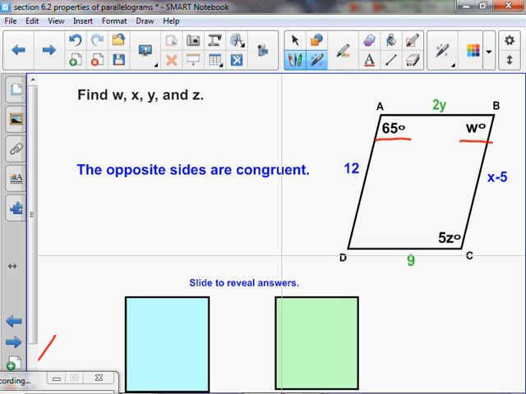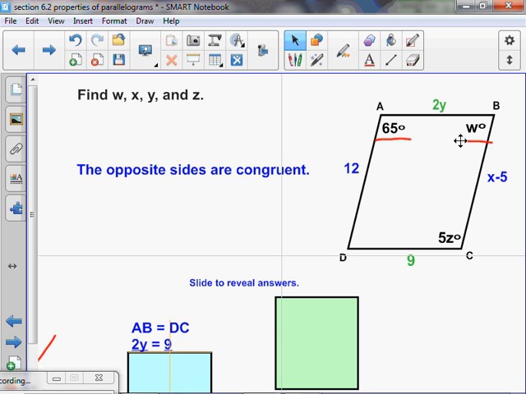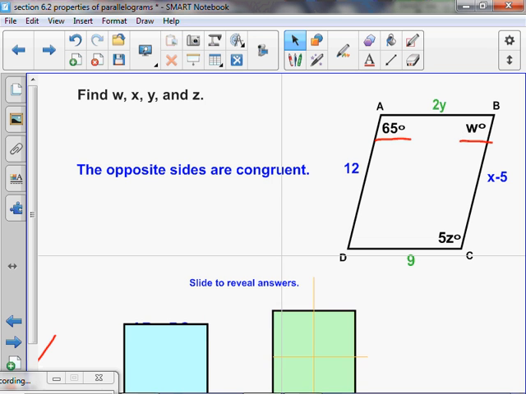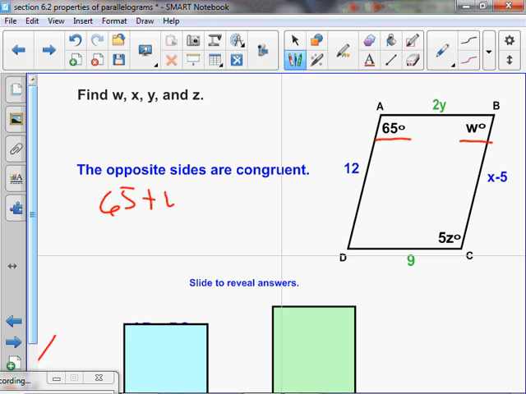So real quickly, the first thing we can say is that 65 plus W is equal to 180.